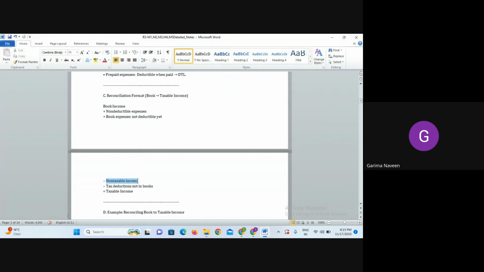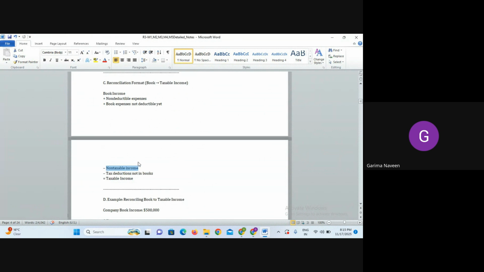Next, you subtract the non-taxable income which you already showed in your book income, for example, your municipal bond interest and your life insurance proceeds. You subtract the tax deductions not in books, and you arrive at the taxable income. So you have to reconcile this and show it in your Schedule M-1.